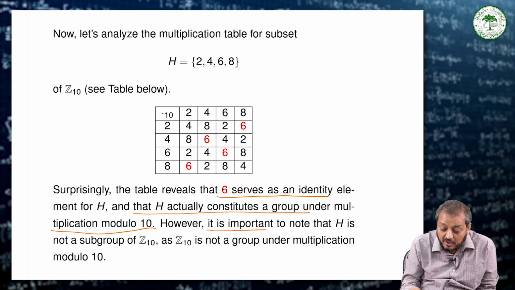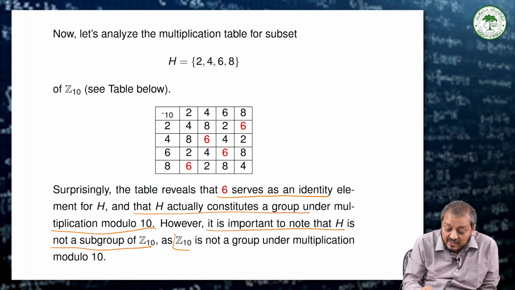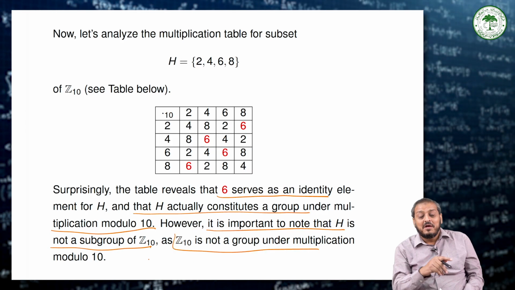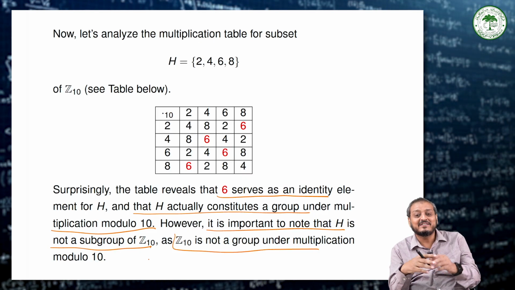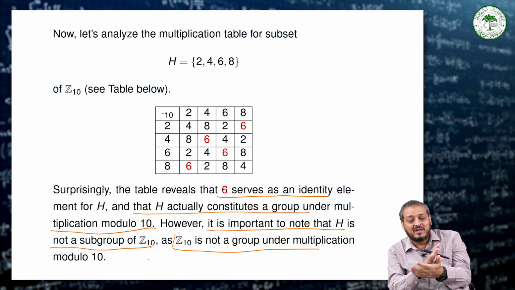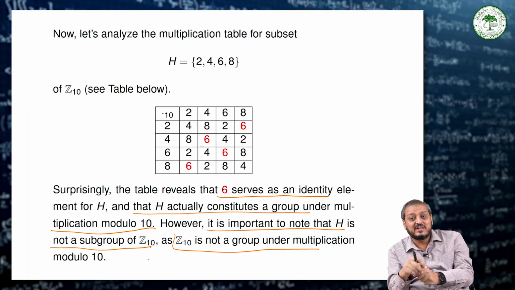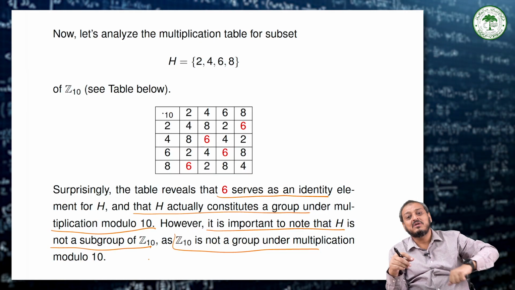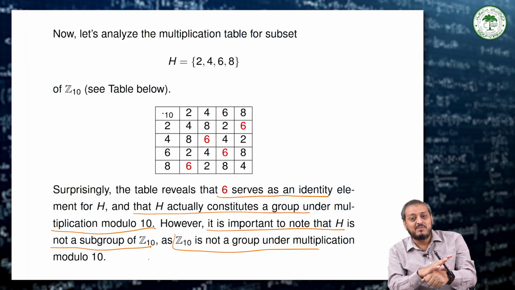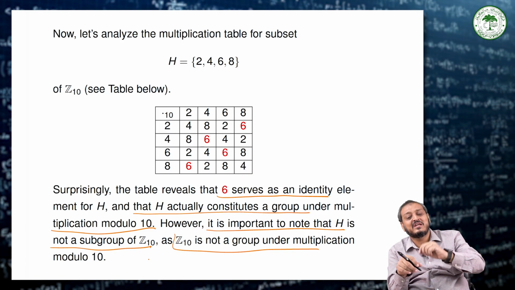However, it is important to note that it is not a subgroup of Z10, as Z10 is not a group under multiplication. This subset clearly satisfies all the group properties, but we cannot say H is a subgroup of G. The definition says: let G be a group, then a subset of G is a subgroup if it is a group under the same binary operation.